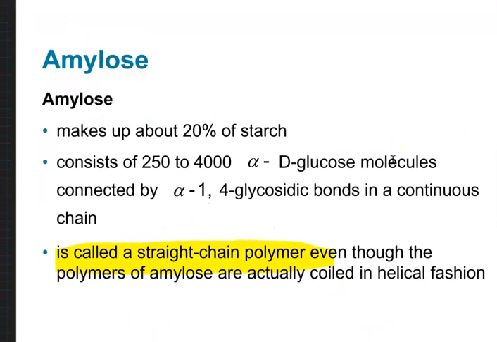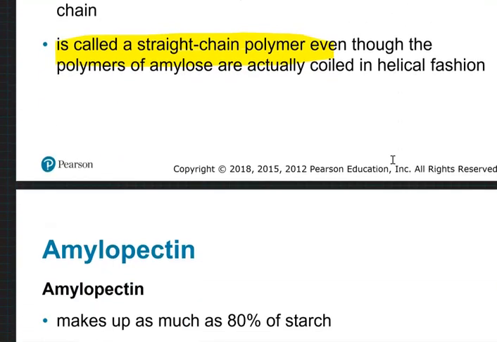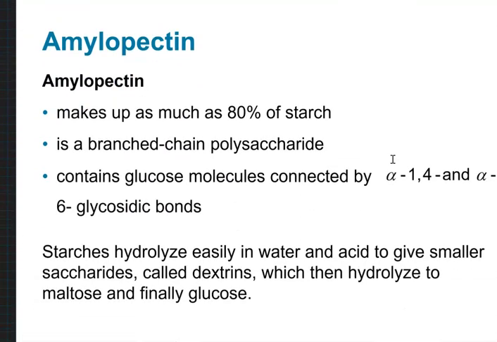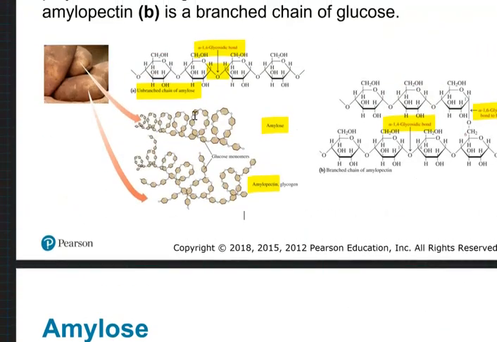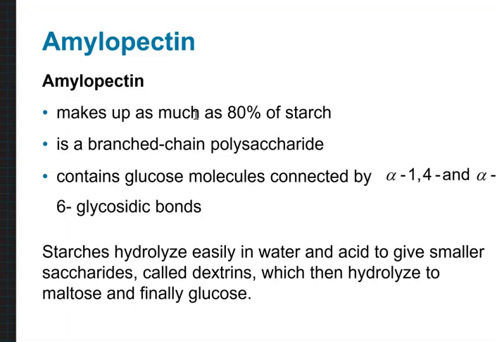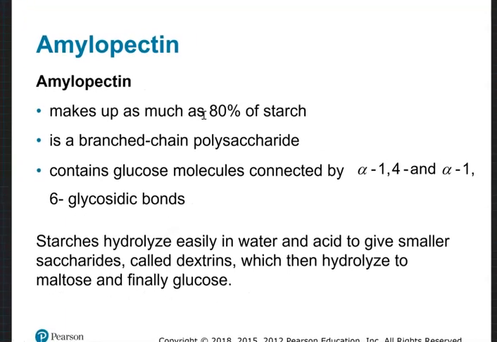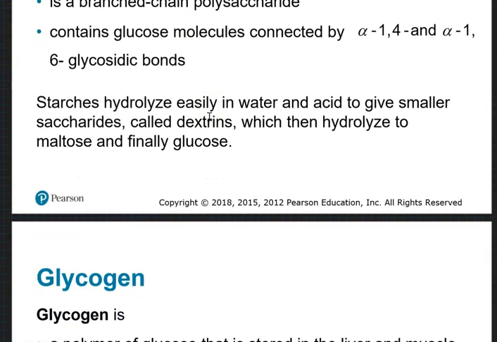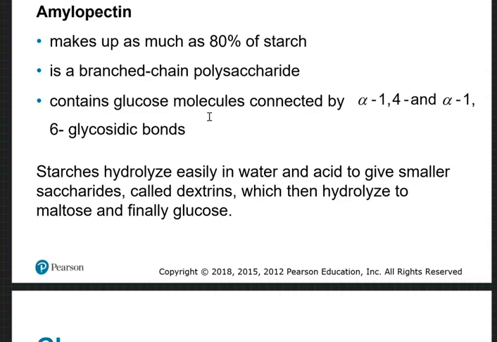And it contains only alpha-1,4 glycosidic bonds. Amylopectin is 80% of starch, the branched one. And as we mentioned, contains alpha-1,4 and alpha-1,6 glycosidic bonds. Alpha-1,6 bonds are responsible for branching. We're good so far. I can leave it there for as long as you need. All right?